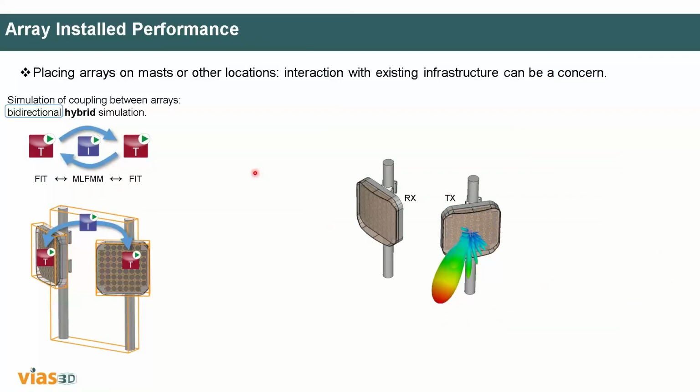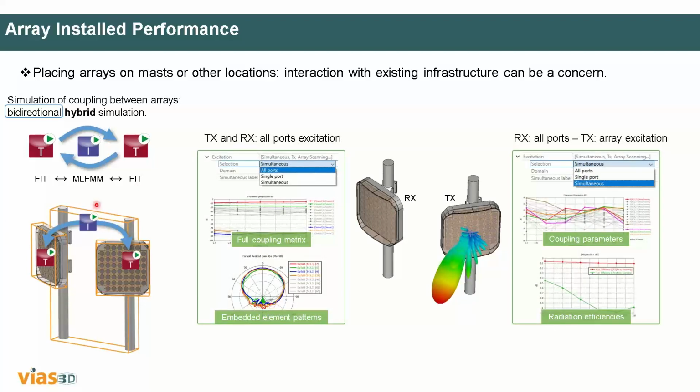Now, just designing the antenna array is not sufficient. You have to place the antenna array on some towers or some kind of structures, right? And here come the hybridization requirements. If you are considering this mast and do the full simulation using the time domain solver, not only the mast, the surrounding media also has to be discretized, which takes a lot of time in the time domain solver.